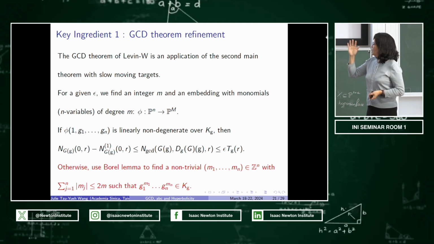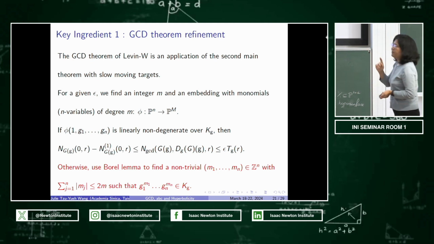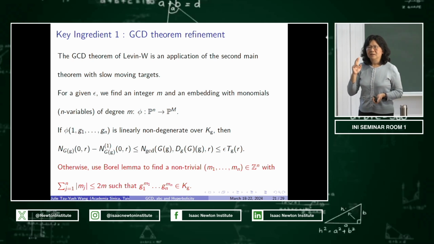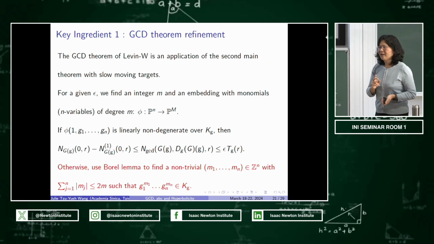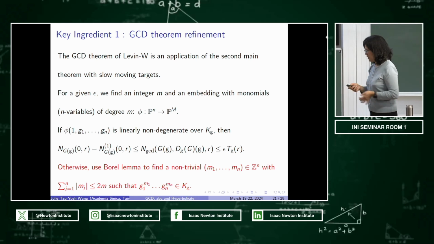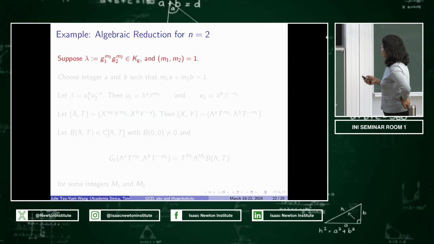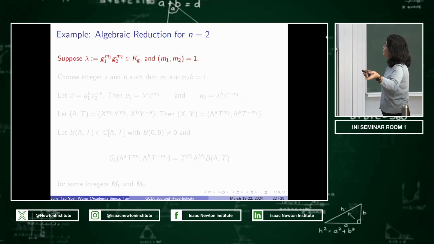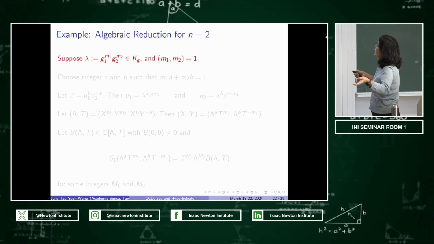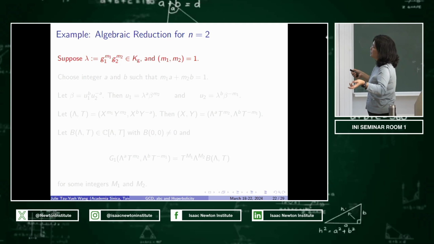The induction will rely on specialization. But let me try to do the surface case first, so you see how this is going. By the previous, you apply the first GCD theorem, and then you find something is slow growth, and then you can assume this M1, M2 is coprime.